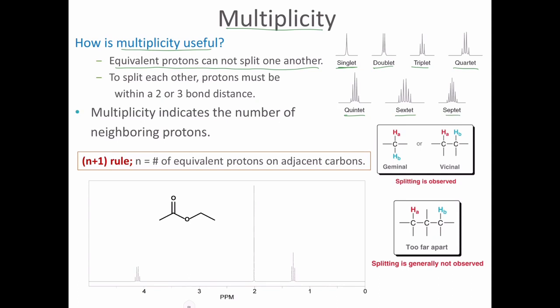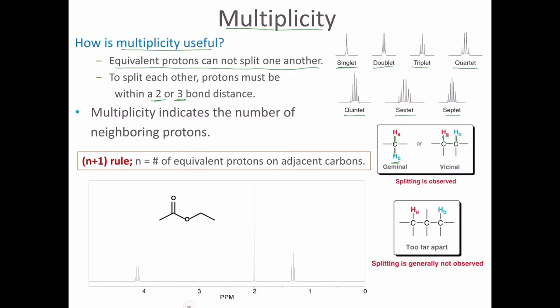Okay? So it is the neighboring proton that splits the proton that is adjacent to it. It needs to be adjacent, so it has to be within 2 to 3 bonds in terms of distance. For example, this is 1 bond away, then another bond, so this is 2 bonds away. If these 2 protons are in different environments, they are going to split each other. This is 1 bond, 2 bonds, 3 bonds.